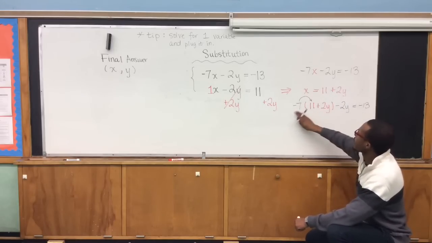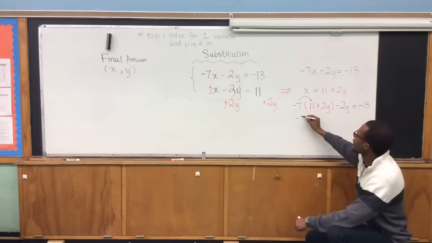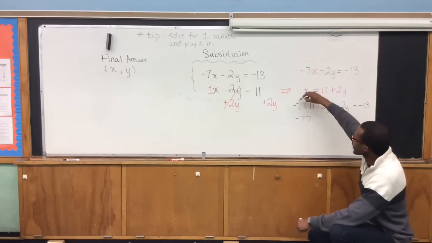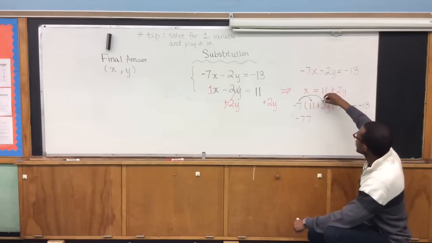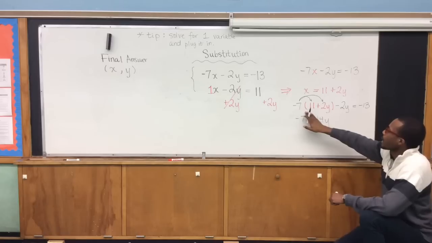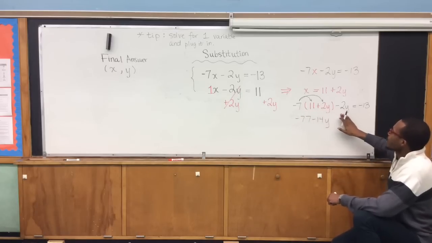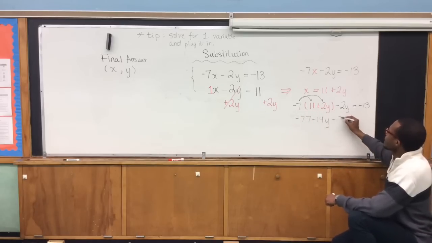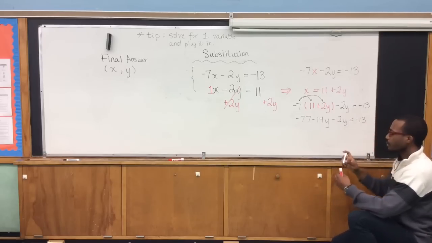So the first thing we're going to do is distribute this -7 into the parentheses. -7 times 11 is -77. Then -7 times the 2y is -14y. After distributing, we continue writing the rest of the equation: -2y equal to -13.